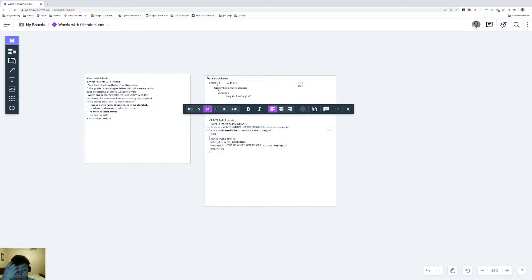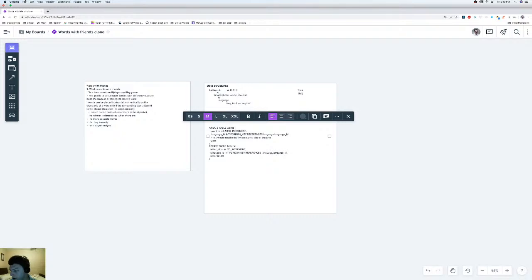This would need to be limited by the size of the grid. Take a look at Words with Friends.